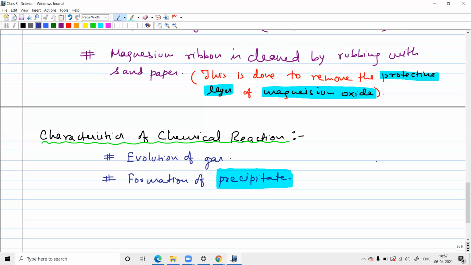Inside a liquid, when you try to mix something which does not dissolve completely, it remains as a precipitate, right? Something which is insoluble in liquid forms as a precipitate. So when you're doing some reaction, if you see that some precipitate is formed, you can understand that.